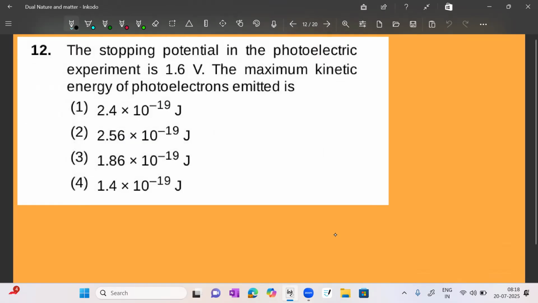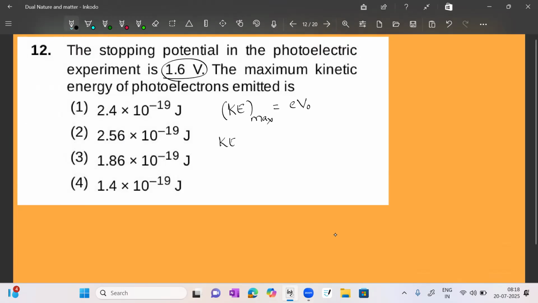The stopping potential in a photoelectric effect is 1.6 volt. Then they asked the maximum kinetic energy. So very good, we have the formula: K max equals e V naught.